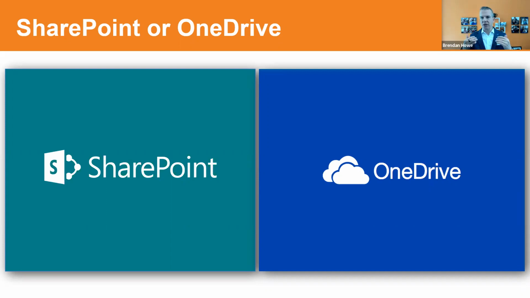People get confused about this and try to use OneDrive as a full collaboration tool across a company. It creates all sorts of different issues. OneDrive permissions and stuff like that are not built to have 20, 30, 40 people across a company accessing different folders. It's built to be your personal file storage.